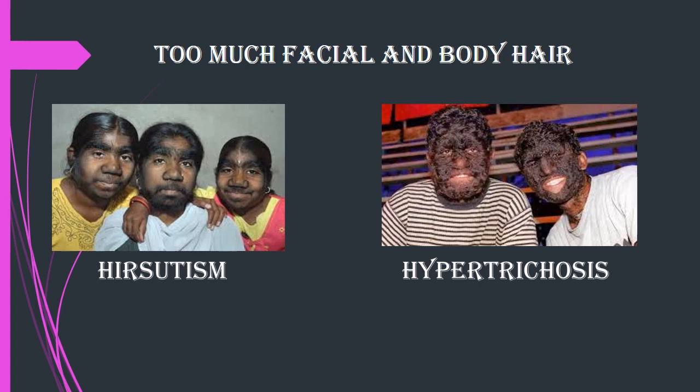Now I will explain when there is too much facial and body hair, in case of hirsutism and hypertrichosis. Hirsutism is the excessive growth of coarse terminal hairs in male pattern, that is androgenic distribution, in a female. Therefore, hirsutism in females involves those areas which have hair in the male, that is on face, trunk and limbs.